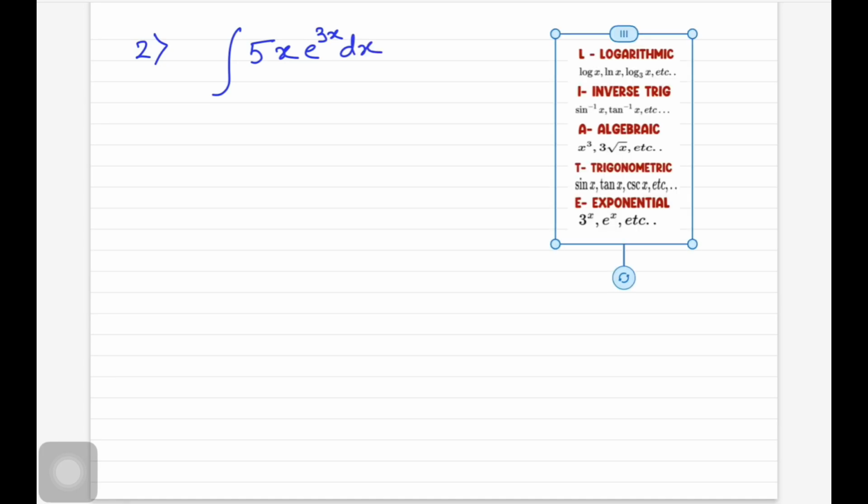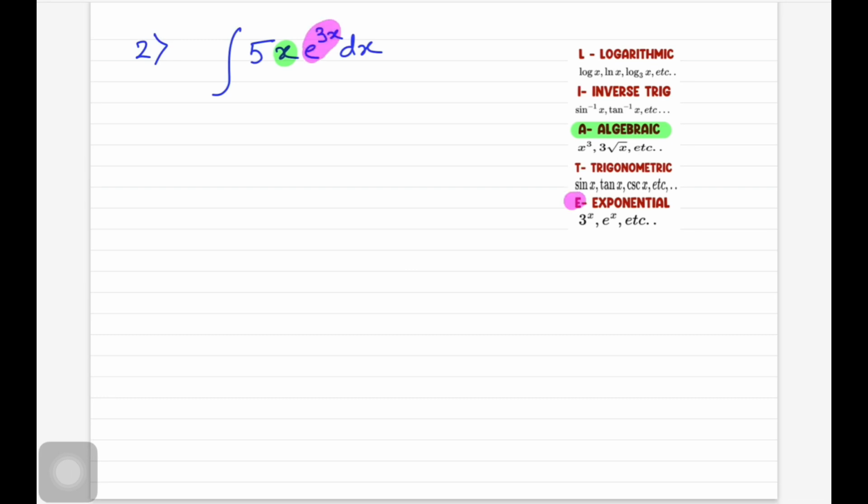The second one is the integration of 5x e to the power 3x dx. You can see that 5 is a constant and 5 is in multiplication with the integrand, so we can take 5 outside. That's not an issue. Just compare again that here x is algebraic, and the other one is exponential.